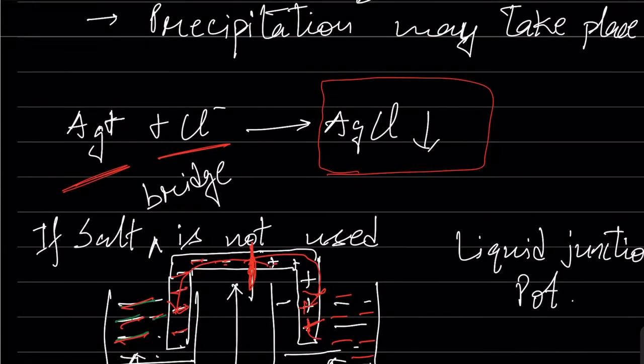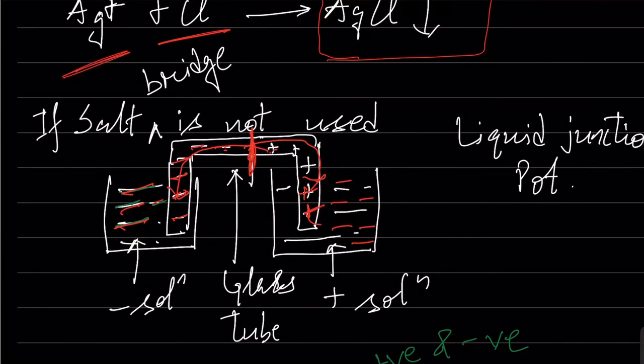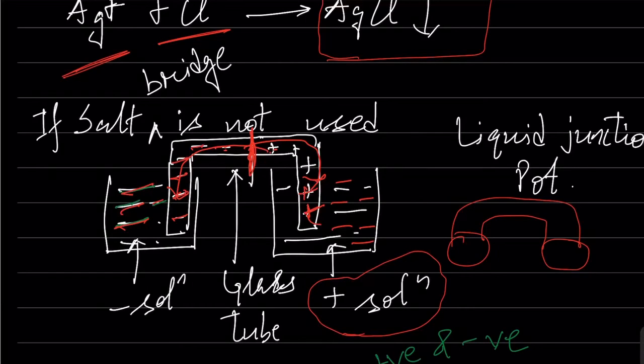Now again a question: for example, we do not use a salt bridge. Let us say we are not interested in using the salt bridge, and we are using a glass tube like this. Now what will happen? First of all, in the cathode solution there are a lot of cations, and they are gaining the electrons. That solution is positive. In the other, they are losing electrons, and this solution is negative.